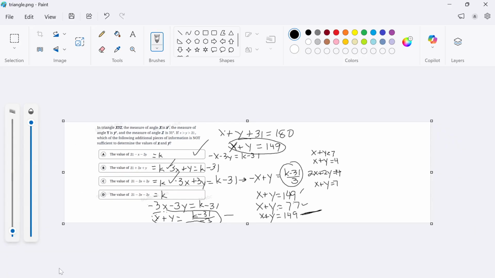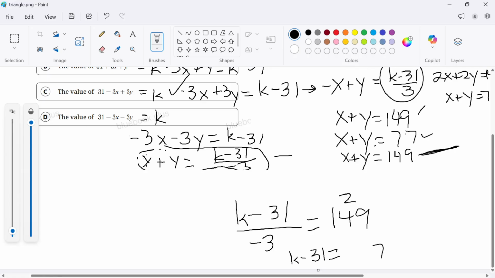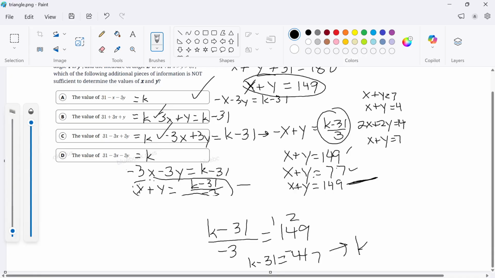I can find out what the value of k is. K minus 31 divided by negative 3 equals 149 if it's going to be the same. k minus 31 equals negative 447, and then that gives me k equals negative 416.